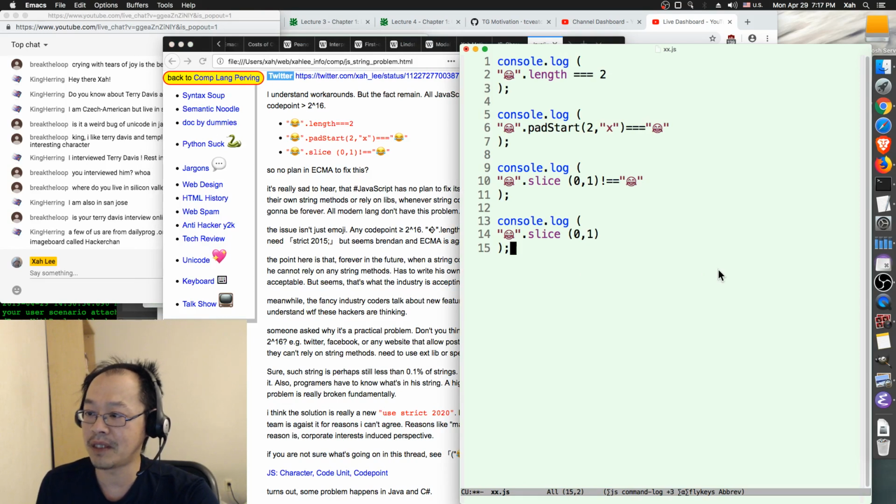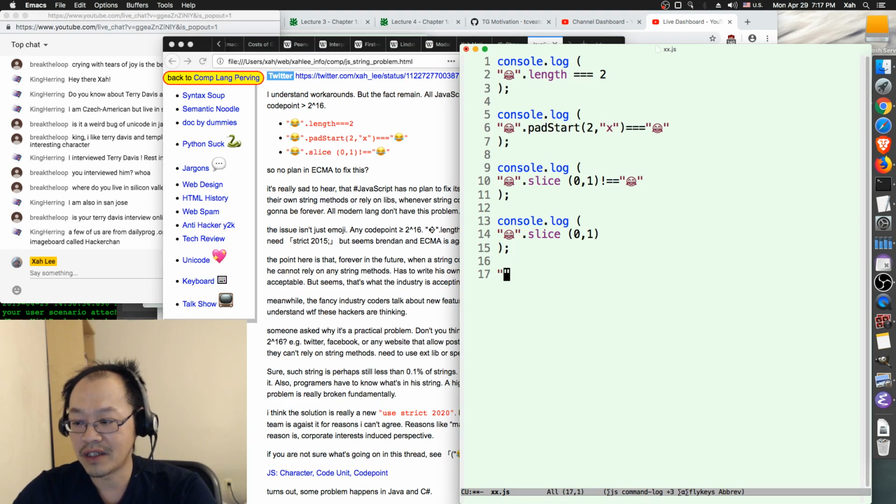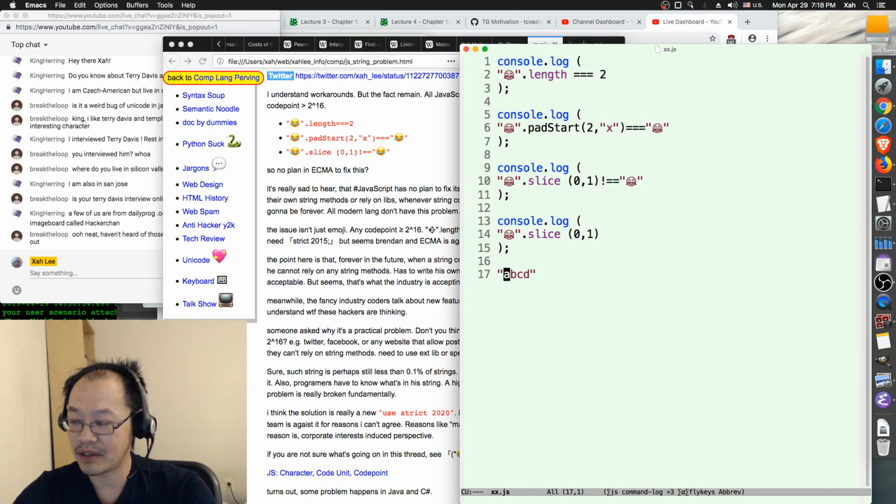The reason it happens is because of the JavaScript string. When we see a string, for example A, B, C, D, we think it's just a sequence of characters, right? But technically, the real actual definition is a bit complex, because what do you mean by character? What is a character?